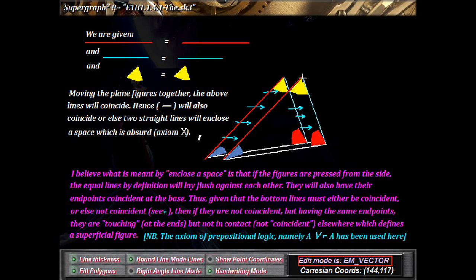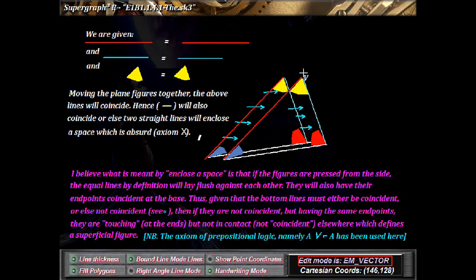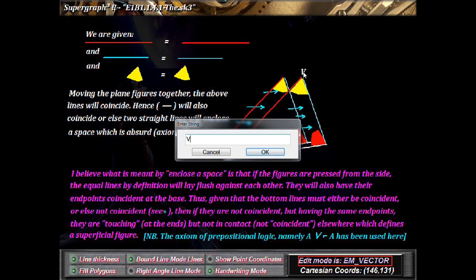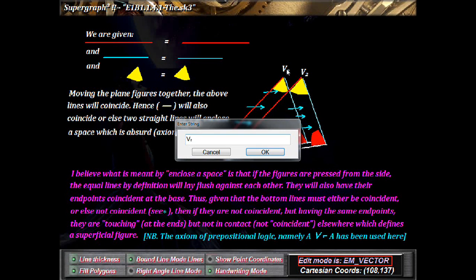The vertex here, which if we wanted to, we could give a label, V, the vertex. We could call this V1, or V2 actually, and maybe V1.